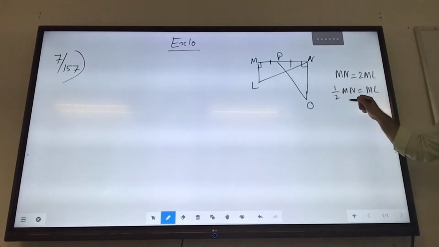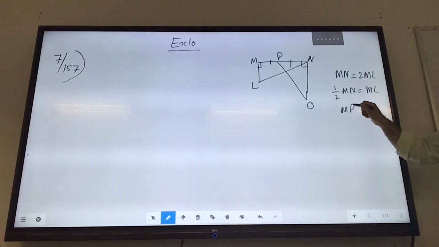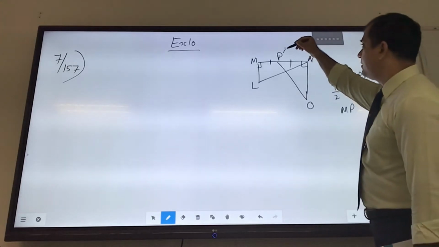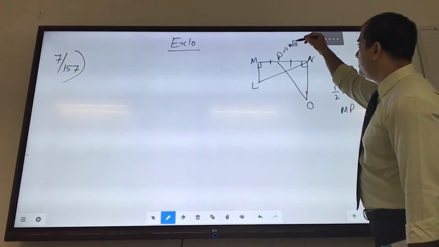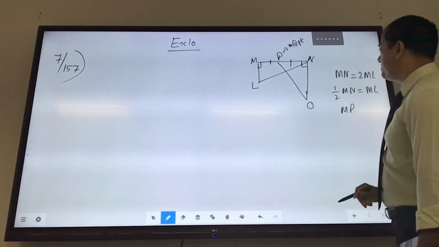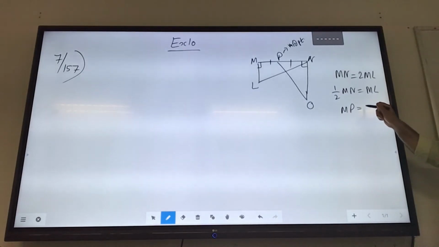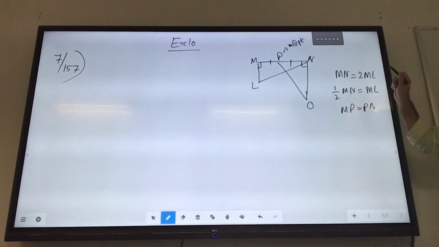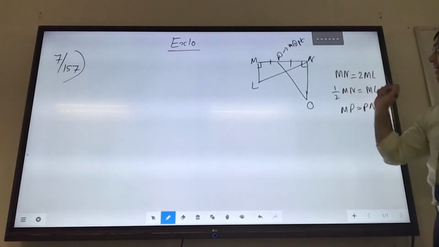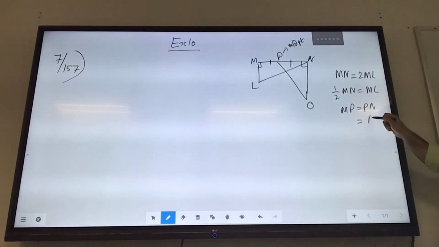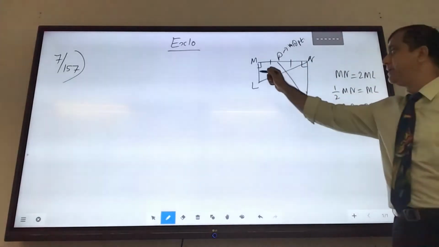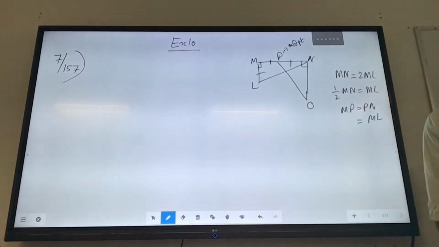Half of MN is basically MP, because P is the midpoint. So MP is equal to PN, and ML is also half of MN. So this is equal to ML also. So all three segments are equal.